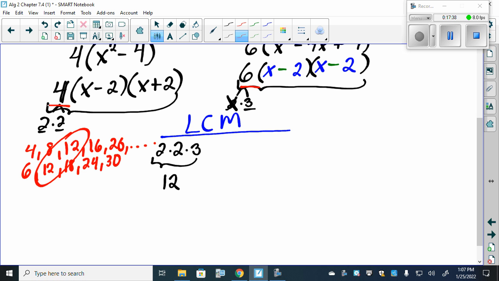Okay. Now, we need these to be the same. We need our sets of parentheses to be the same. Up to this point, have we had any way to change an x plus 2 into an x minus 2? Well, no, we haven't gone over any ways that I can just magically change a sign from one to the other without changing everything entirely.